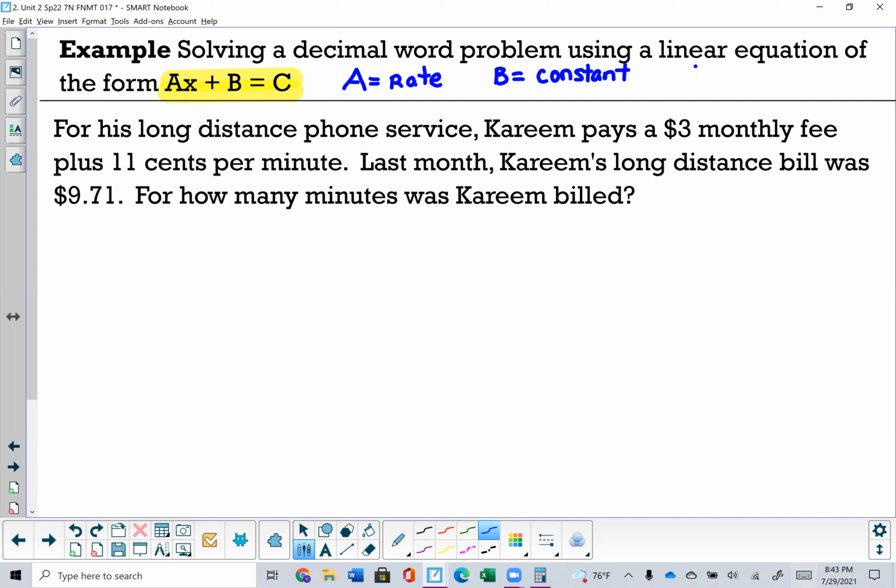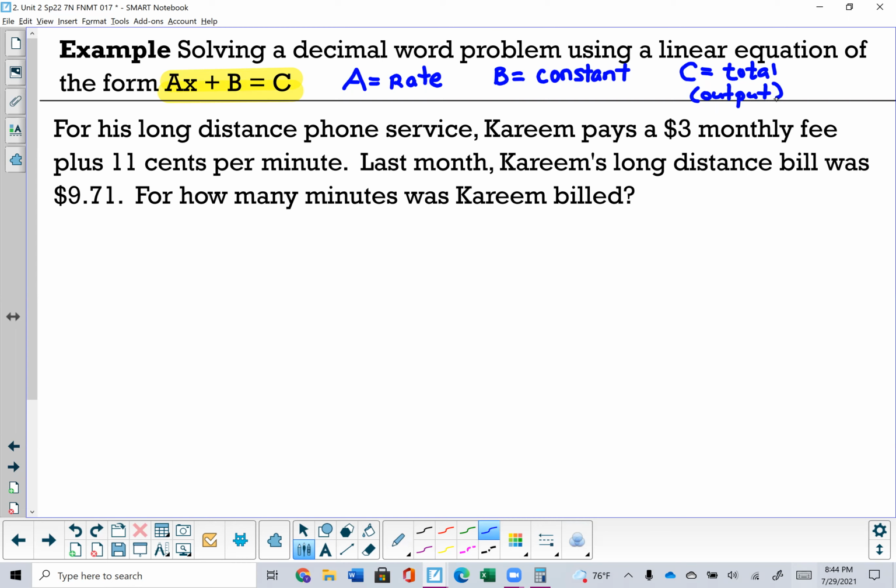And then our c is usually some sort of total, or sometimes you could think of it as like an output. So let's keep these three things in mind. And then you have your variable x, which will be something that is changing based on usage. All right, so let's read this and see if we can identify these parts.